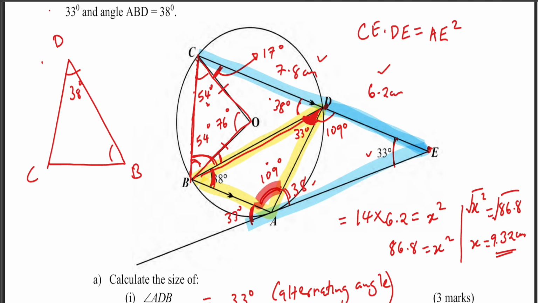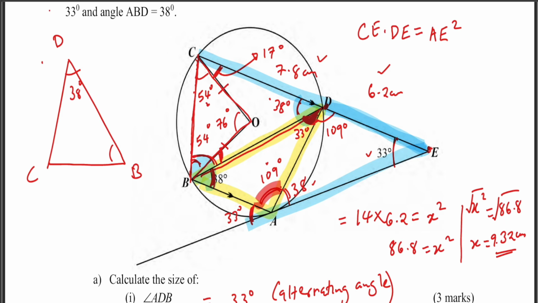Now I know that this angle which is here, if I add it to this one which is here, it should add up to 180. So it helps me in knowing this small angle which is here.